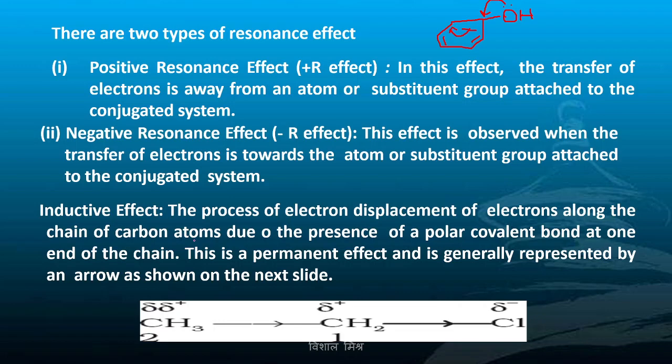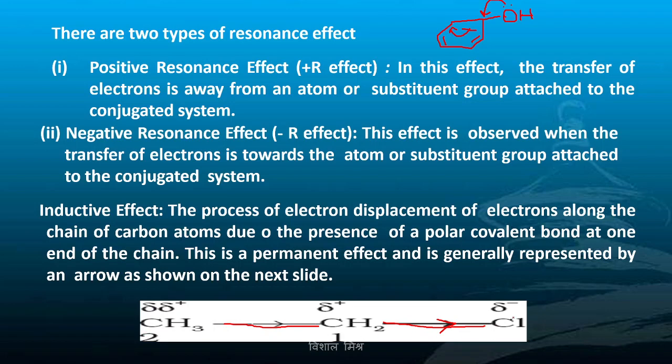In case of inductive effect, what happens? If a carbon is bonded to a halogen atom, this halogen is electronegative. This will be pulling the electron towards itself. Then in such case, this bond will become weak. So as a result, this carbon will also try to drag electron from the adjacent carbon.